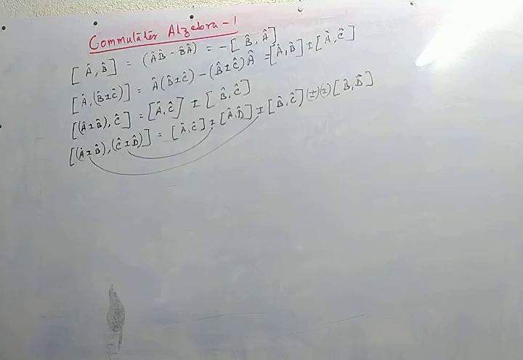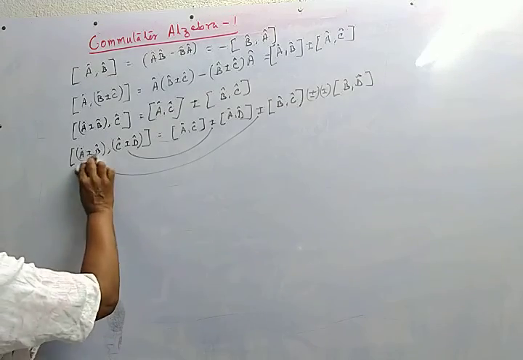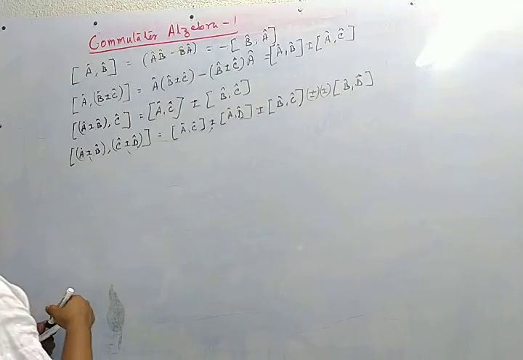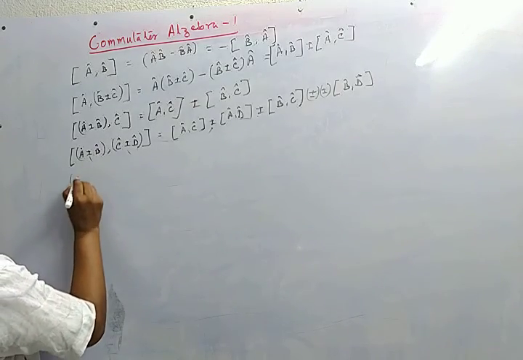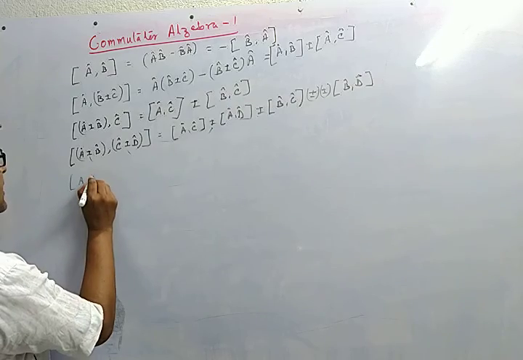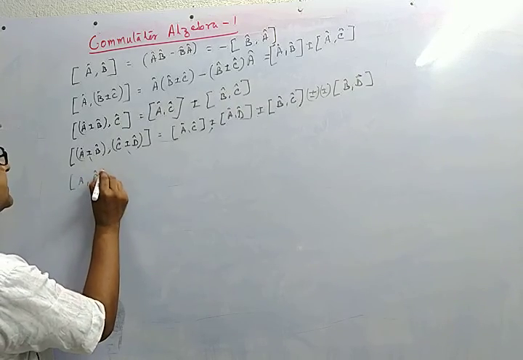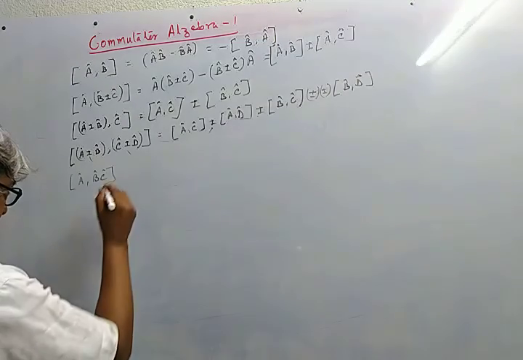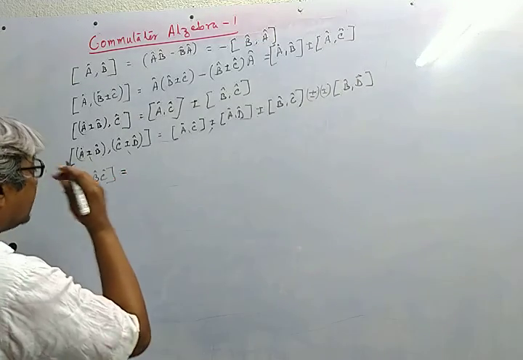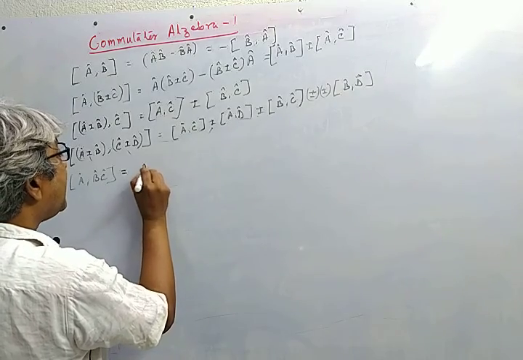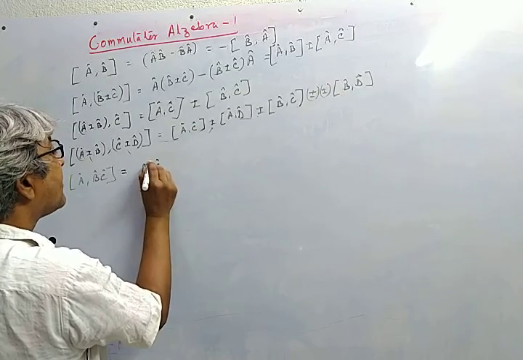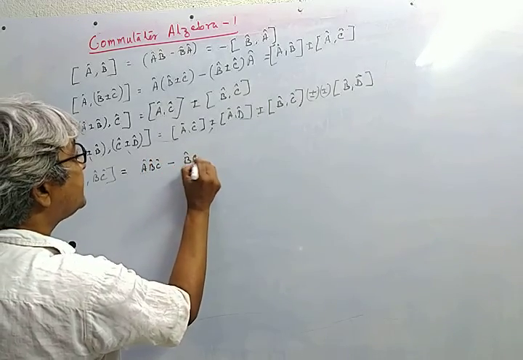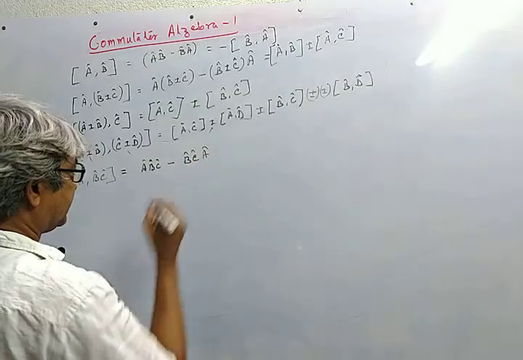Now I come to the other type of commutator relation, when one operator commutes with the product of two operators, A commuting with BC. In that case, we first write the relation. This is ABC minus BCA, by definition.